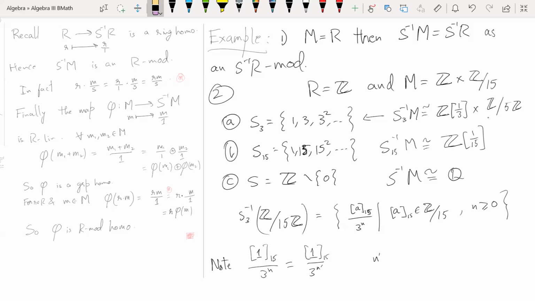Yeah, let's just try to see what you get. So 3 power n prime minus 3 power n. Yeah, so this need not be, no matter what you multiply it with, it may not equal 0.